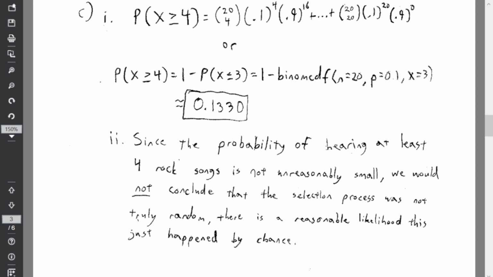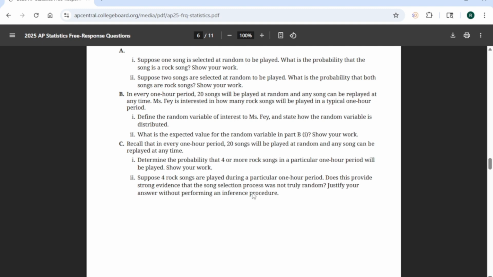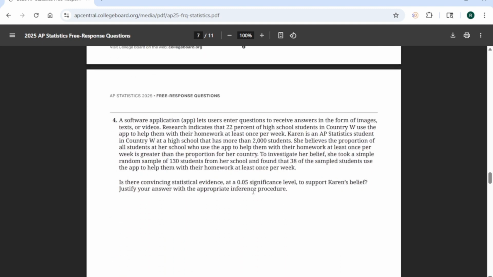You'll notice I didn't talk about a p-value because it specifically asked us to not do an inference procedure. So we're not doing a hypothesis test here. We're just basing it on this probability. And is that probability or likelihood enough to disqualify? No, it's not. But our inference procedure is happening in question 4.